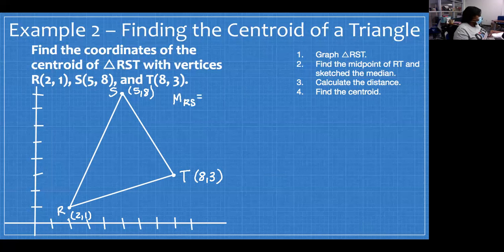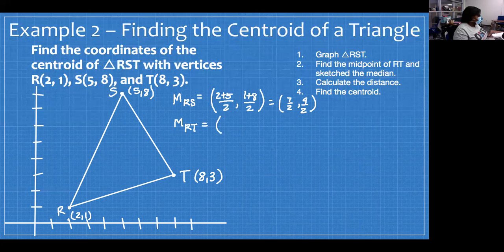That's going to be equal to (2 plus 5) over 2, comma, (1 plus 8) over 2. So it's going to be 7 over 2 and 9 over 2. And then I'm going to get the midpoint of RT.